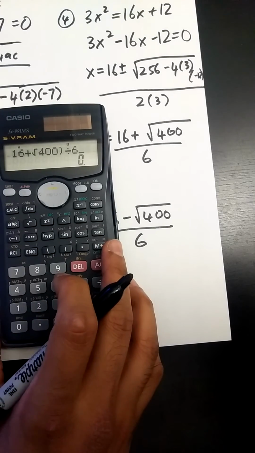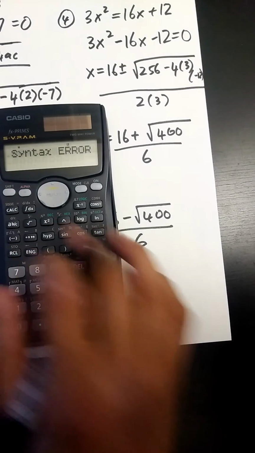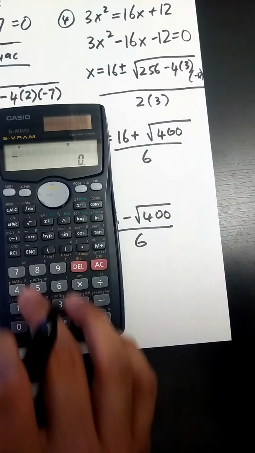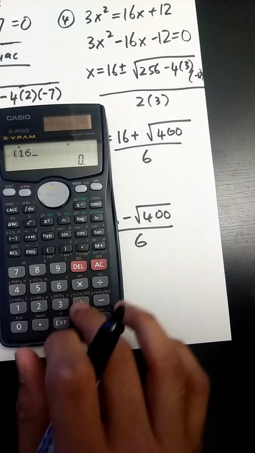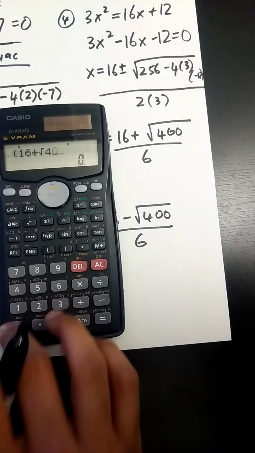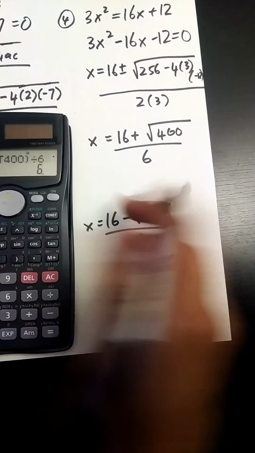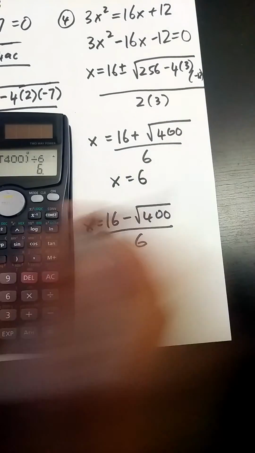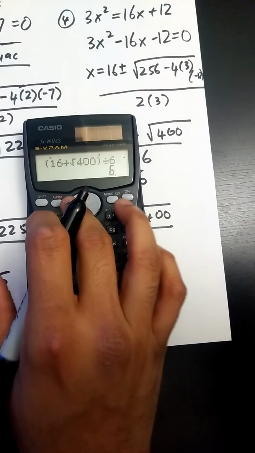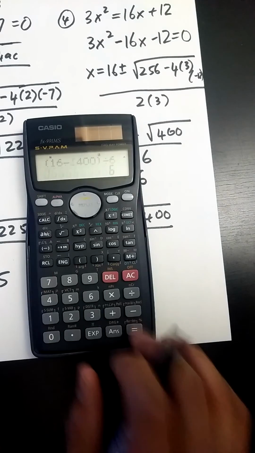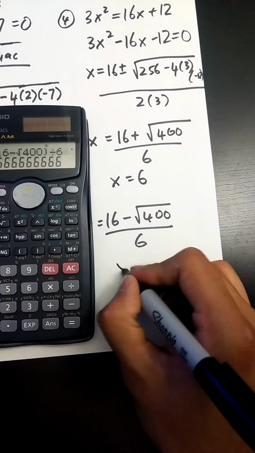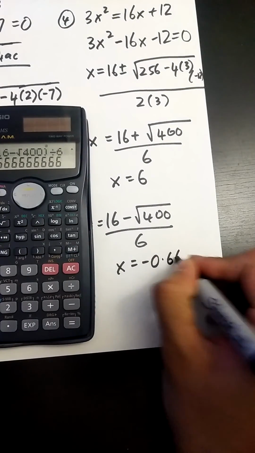So 16 plus root 400 divided by 6 is 6. So I know my first solution is x equals to 6. And I'm going to change that plus to a minus. I get x equals negative 0.667.